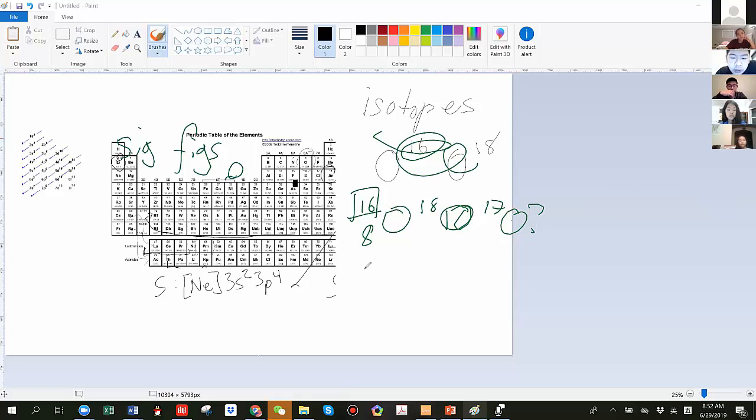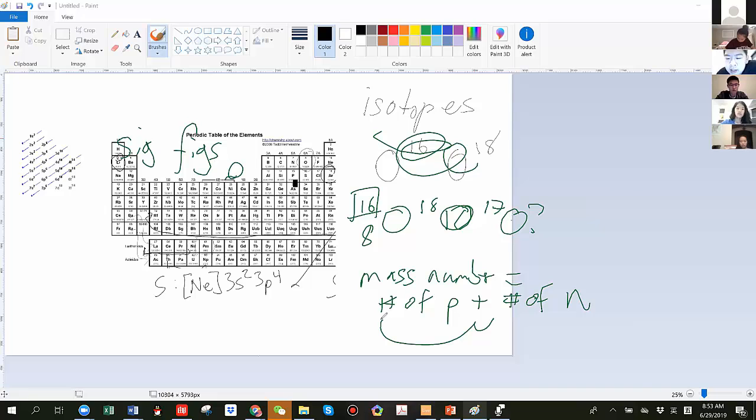Mass number equals number of protons plus number of neutrons, right? And all this really is the number of nucleons. How many particles are in the nucleus?